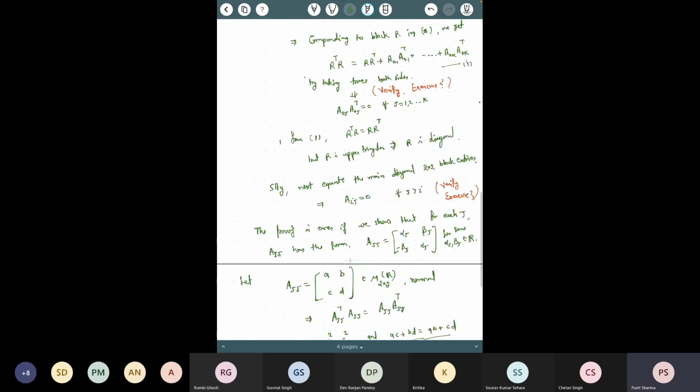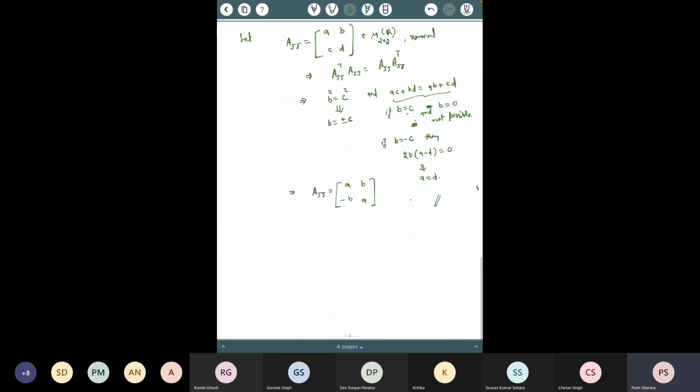We can write them as corollaries of this. So let A be a real n cross n matrix, just a real matrix.